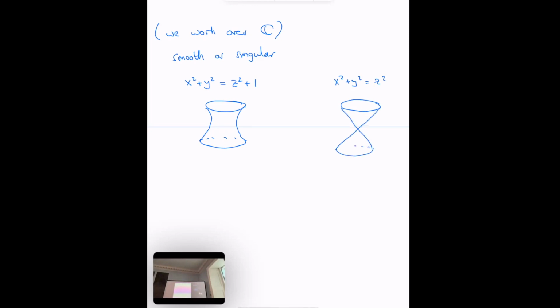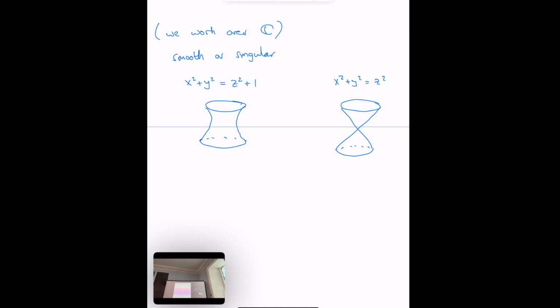If you're thinking about x squared plus y squared is z squared plus 1, it looks like this. Can you imagine turning that 1 down slowly? Turn it down to a half, and this neck will get narrower. As you turn it down to 0, the neck goes away completely, and the algebraic variety becomes singular. So depending on the equations, algebraic varieties can be smooth or singular.